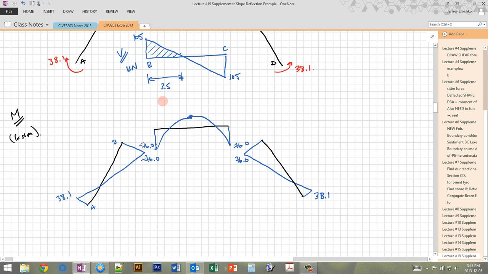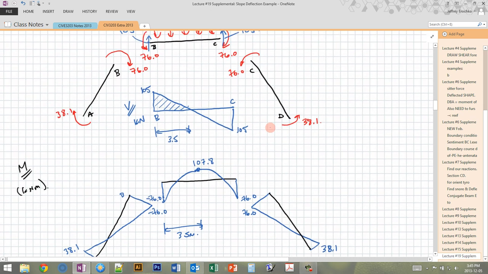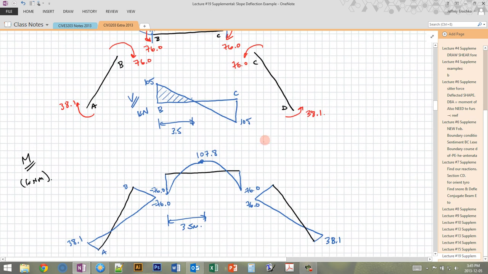So I start at negative 76, I add the area here, and I get the peak here, which is 107.8. And that's in the middle, that peak, at 3.5 meters. And then I have my entire moment diagram. And so I've successfully used the slope deflection method to solve for all of the moments in this pretty complex but symmetric indeterminate structure.